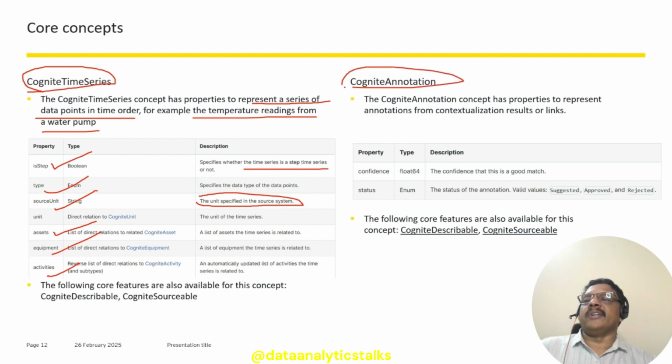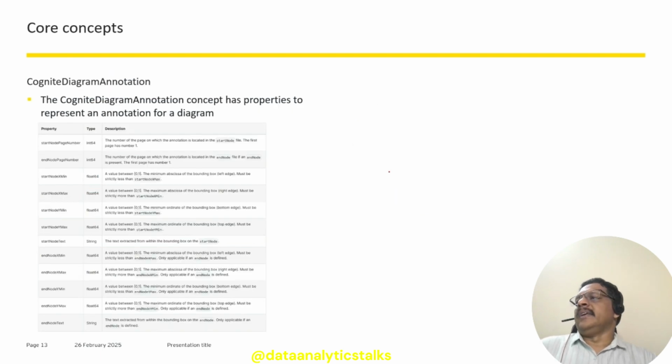Then Cognite has an annotation. Annotation represents the annotations from contextualization result or link. So it has a confidence score and it has a status. Then the Cognite diagram annotation represents the properties to represent annotation for a diagram. So we have the P&ID diagram.